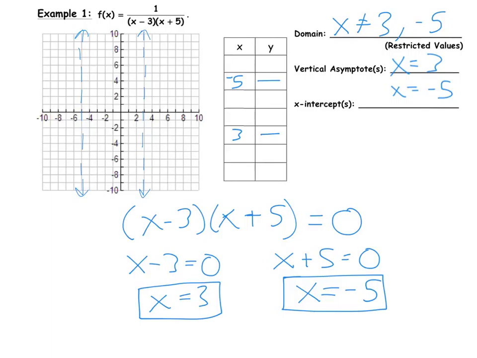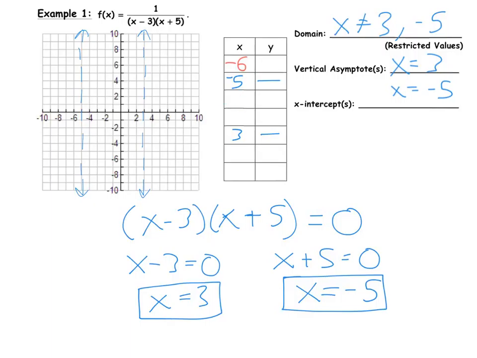Now, let's talk about some values that we do have. I'm going to pick an x value that is smaller than -5. Let's do -6. Now I'm going to pick some x values between -5 and 3. So let's go with, I don't know, we can plug in -1, see what happens. Actually, sorry, I'm going to change that out.